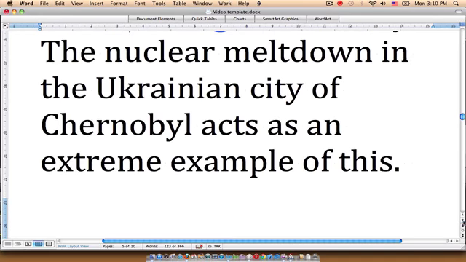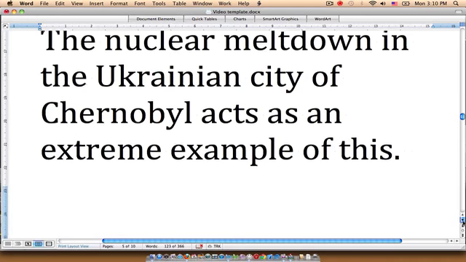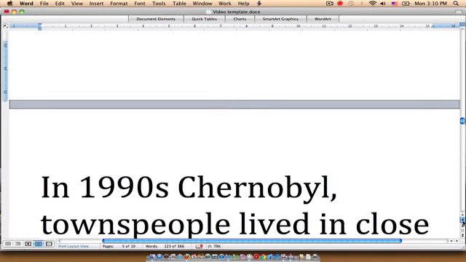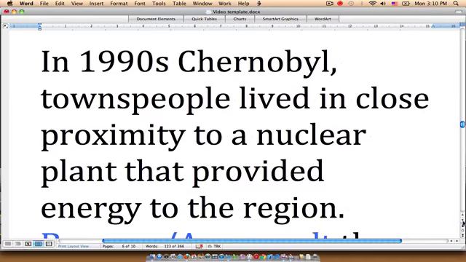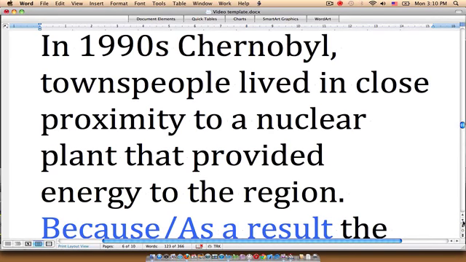The nuclear meltdown in the Ukrainian city of Chernobyl acts as an extreme example of this. In 1990s Chernobyl, townspeople lived in close proximity to a nuclear plant that provided energy to the region. I just want to direct your attention for a second to the way this is worded.